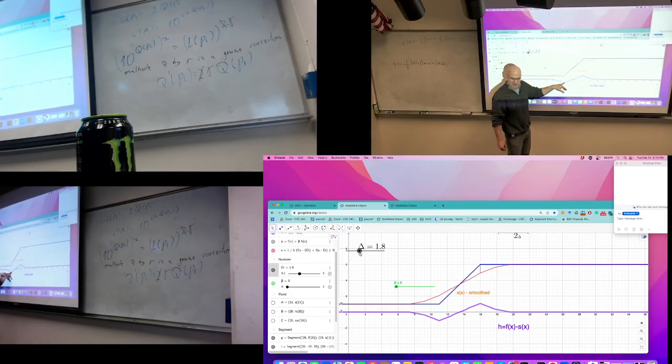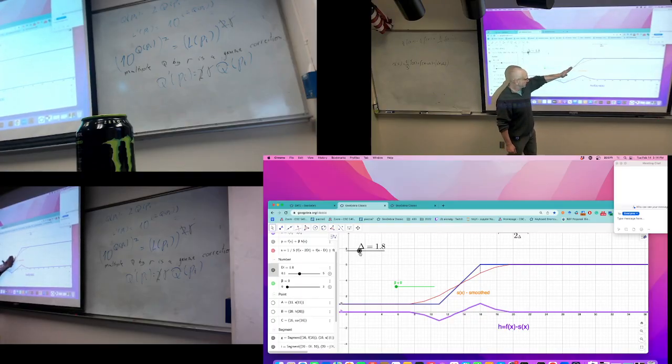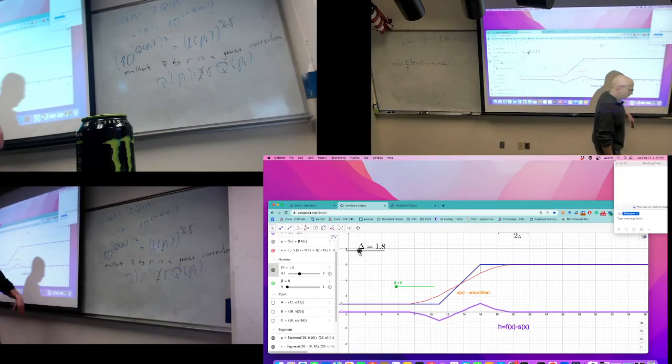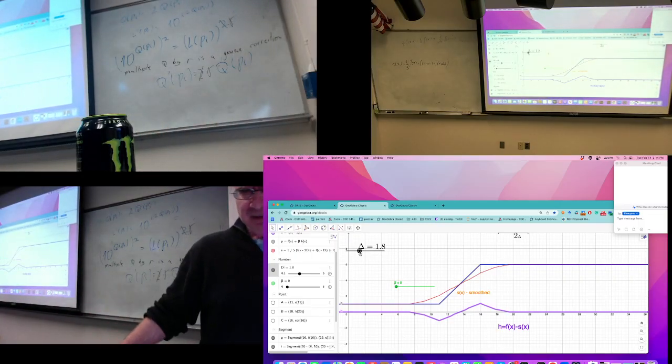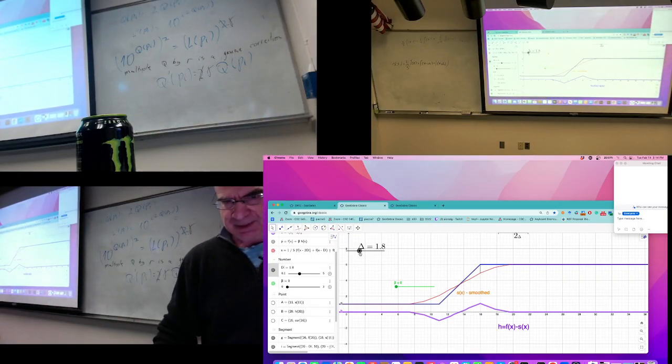Because the slope is changing from 0 to something larger. It's a minus of the function that is a second derivative.